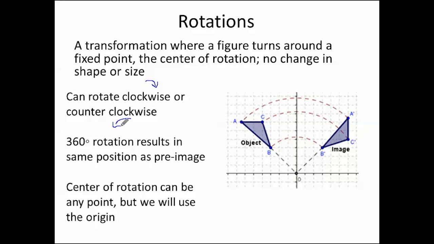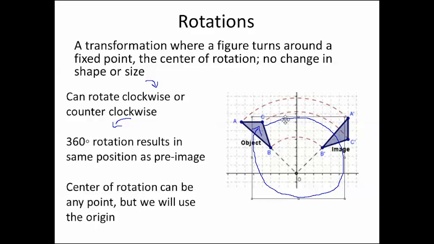I know we live in a digital age, so we don't have second hands everywhere, but even if you just add it to your notes, make sure that you know which one's which. A 360-degree rotation, remember there are 360 degrees in a circle, is when we go from the start all the way around, and it will result in it being in the exact same position as we started.